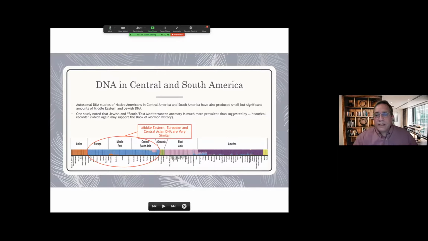For the Americas, they give the unique Native American ones a purple coloring, a different coloring, and we'll do a little focus on that.